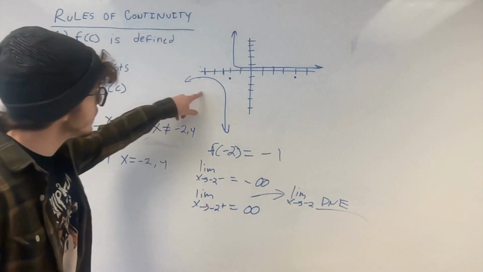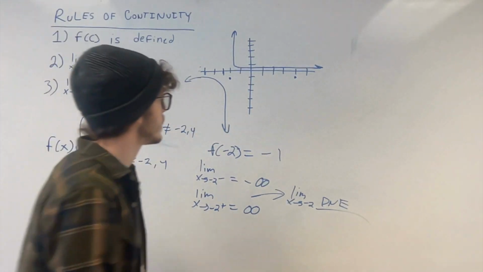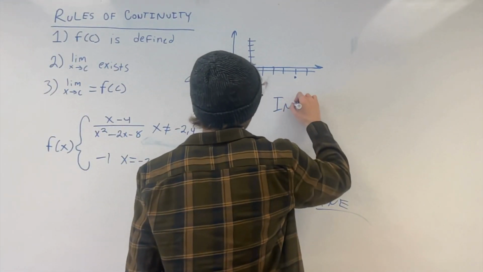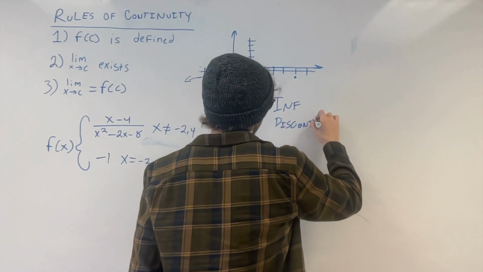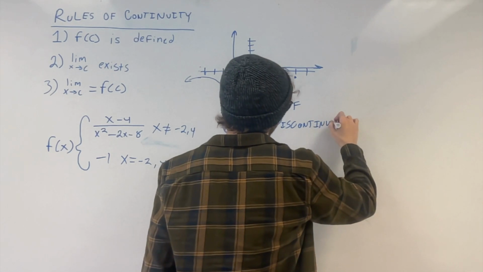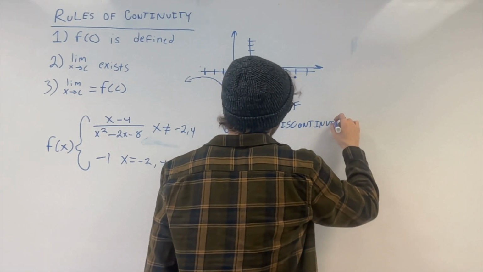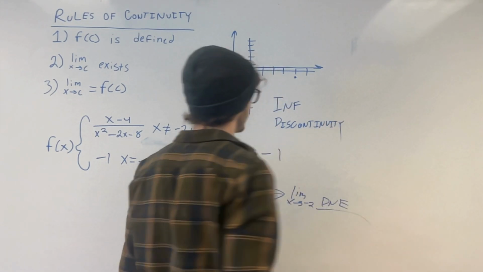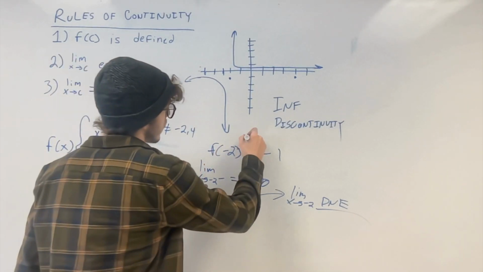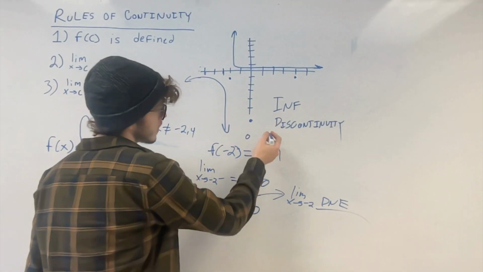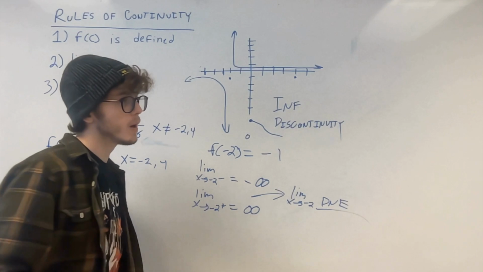Well, it's infinitely discontinuous is what we call this one, right? With jump, we had a hole, and then it was defined up here, for example, and it just went on its merry way.